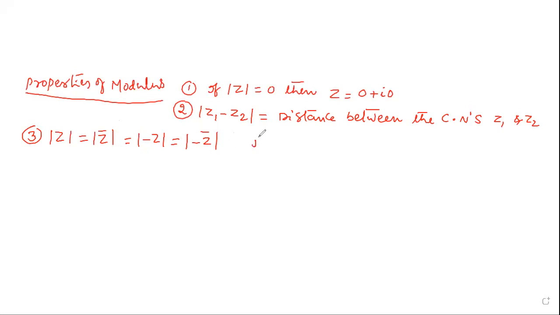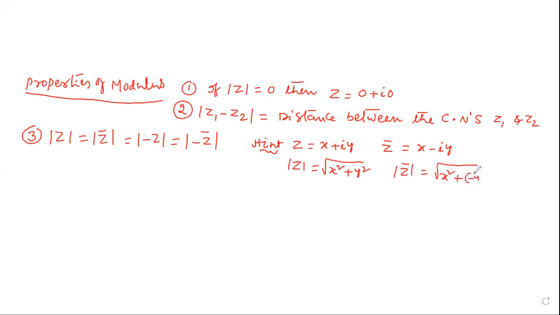See, the hint is Z = x + iy and Z bar = x - iy. The modulus of Z is the square root of the real part squared plus the imaginary part squared. The modulus of Z bar is the square root of x² + y², the same. So the modulus of Z equals the modulus of Z bar.